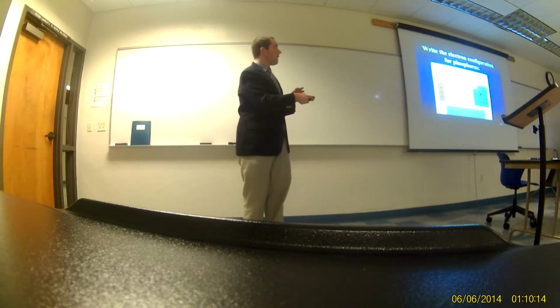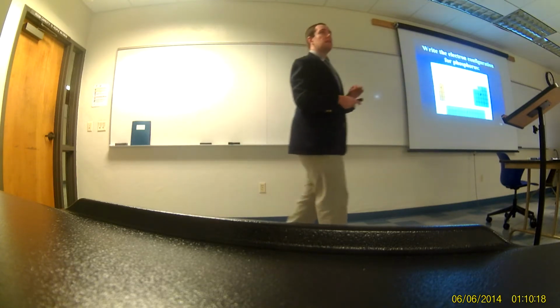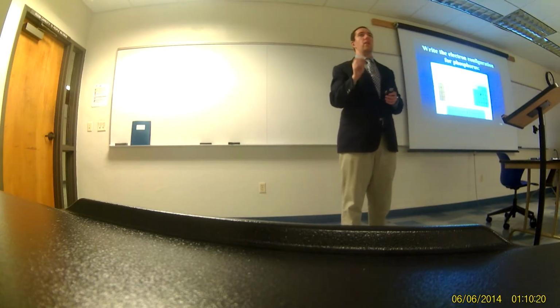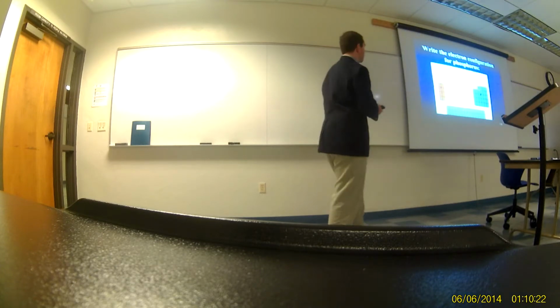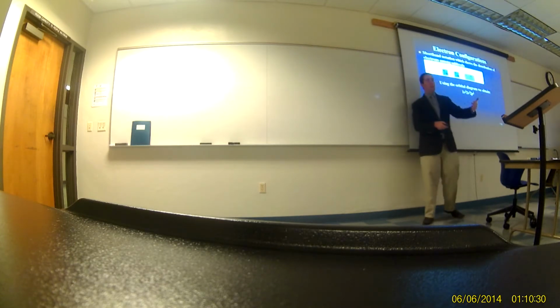The superscript number represents the arrows. The number in front represents the row, unless it's d, then it's the number behind.